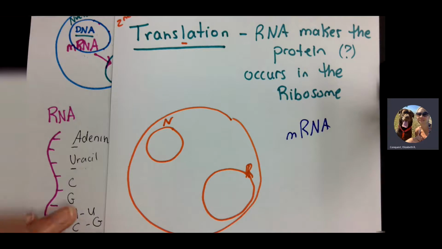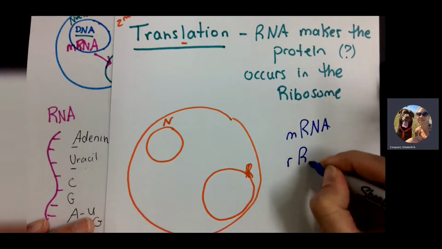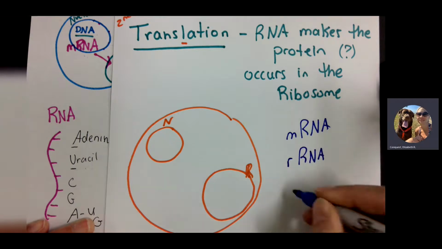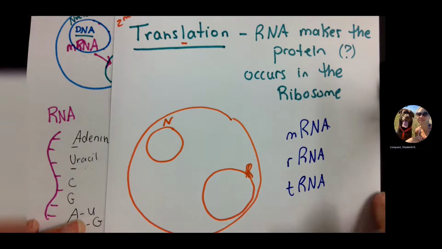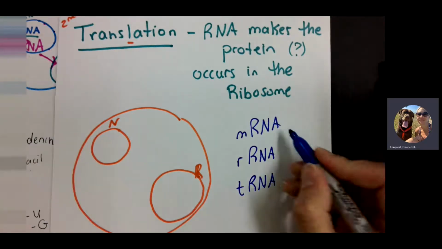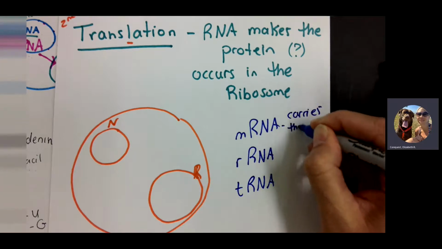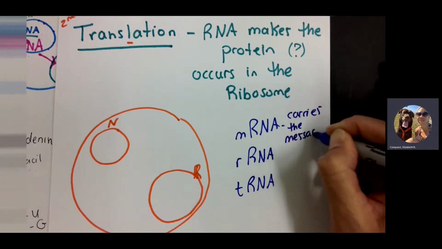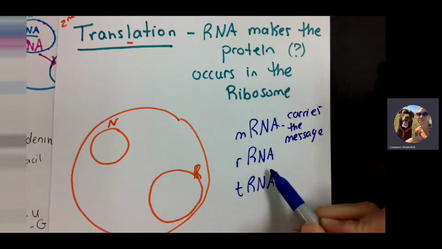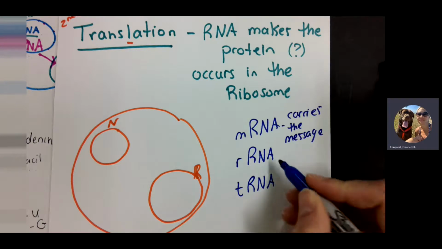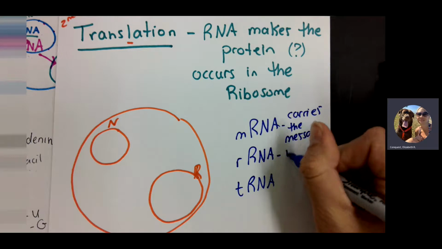Okay, there are 2 other types of RNA. One is called ribosomal RNA. The other one is called transfer RNA. So mRNA, you guys should know, carries the message to the ribosome on what proteins to make. Our RNA, ribosomal RNA, is found in the ribosome. We don't have to know much about it, but it is in the ribosome.